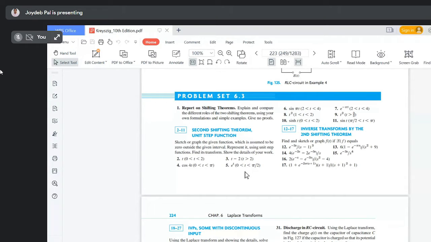In that case, if a function is defined in an interval, how do we get its Laplace transform? I told you that is the kind of piecewise function.